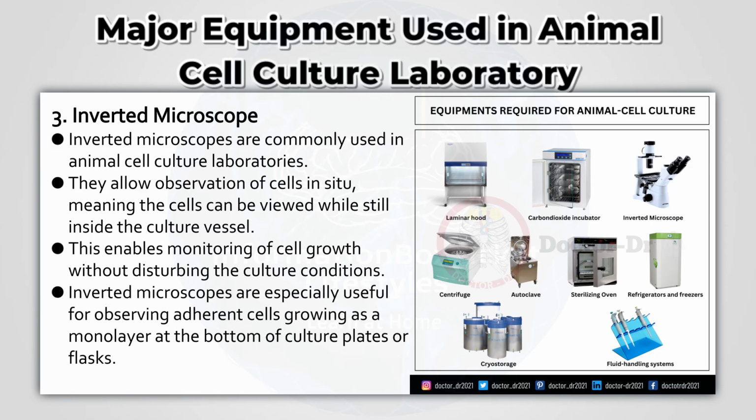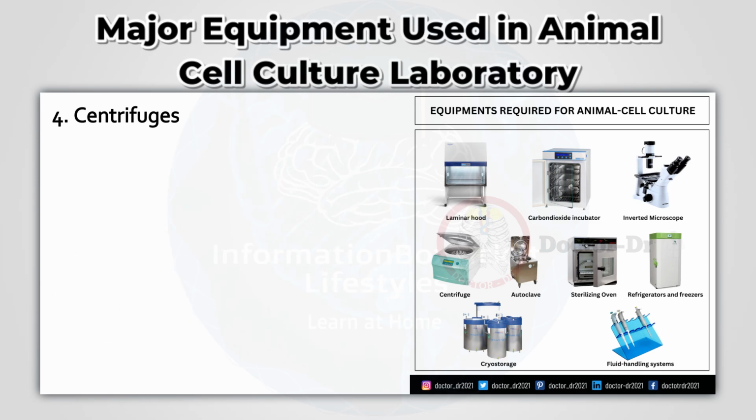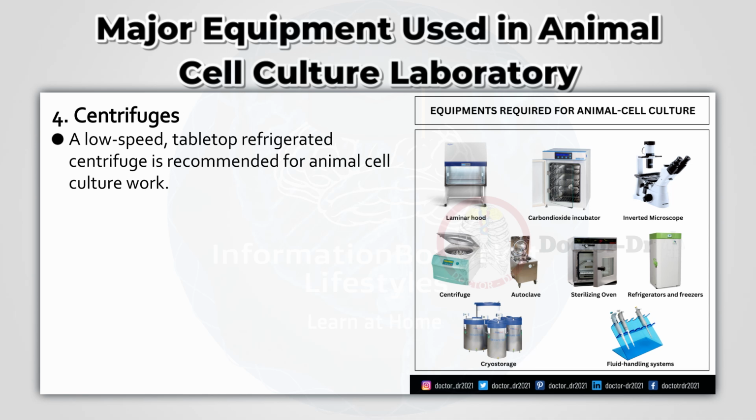Inverted microscopes are especially useful for observing adherent cells growing as a monolayer at the bottom of culture plates or flasks. 4. Centrifuges. A low-speed, tabletop refrigerated centrifuge is recommended for animal cell culture work.